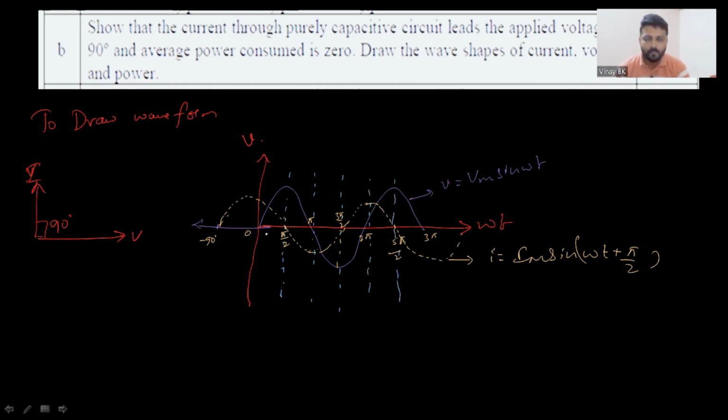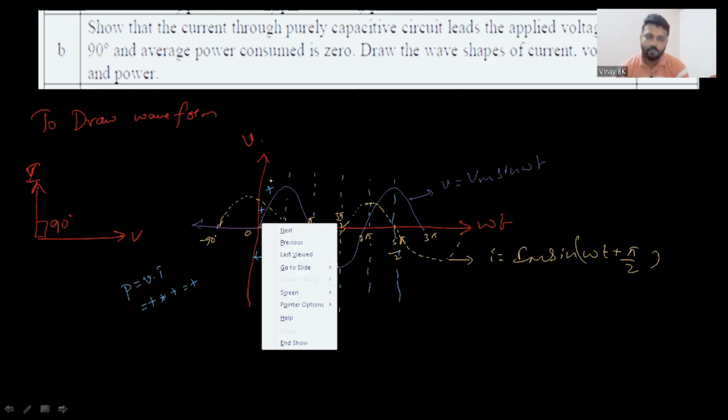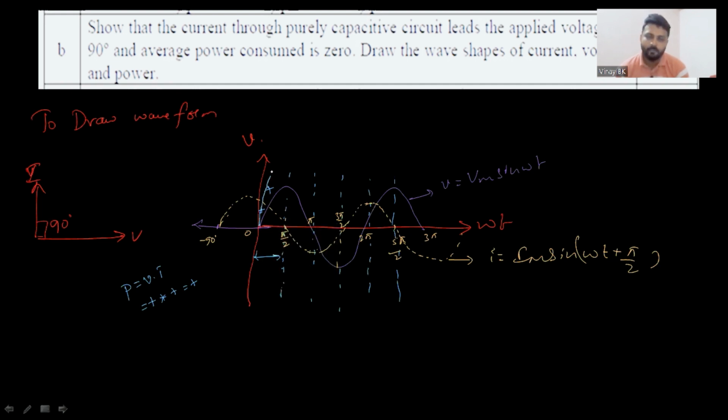So for the 0 to pi by 2 interval, just observe the voltage waveform is positive and the current waveform is positive. We know that P equals V into I, so plus into plus gives plus, so the power waveform is positive. But the amplitude will be more, like this.